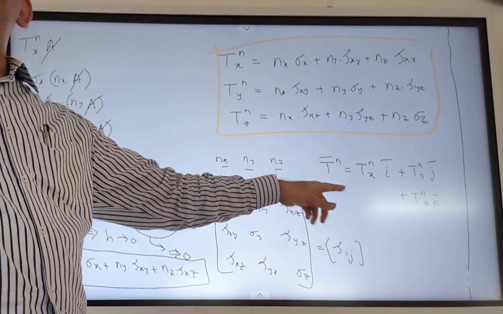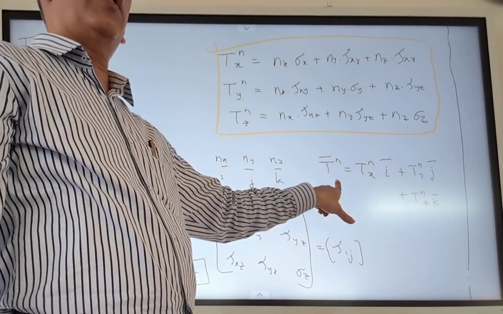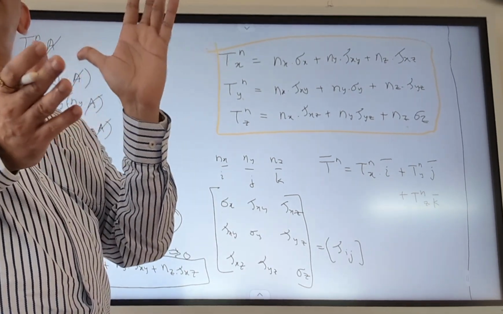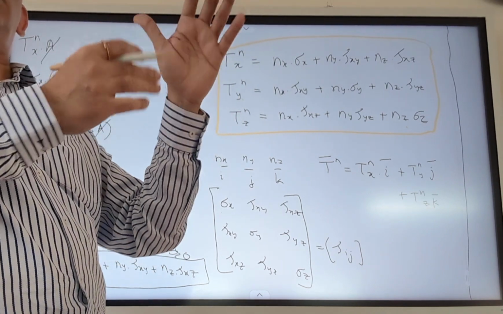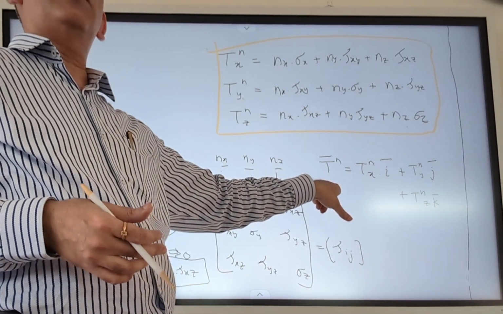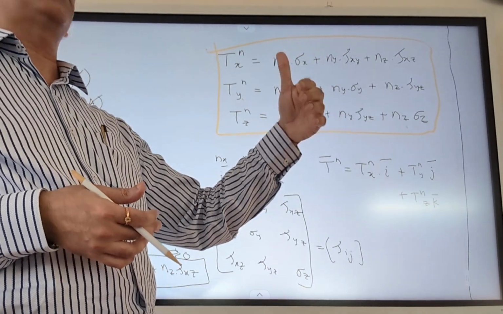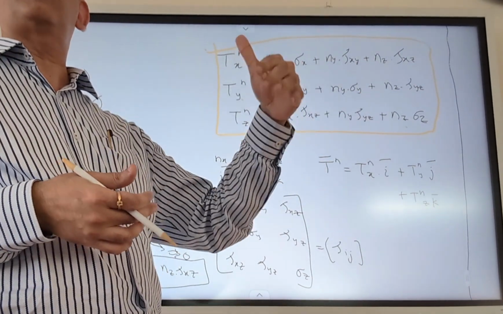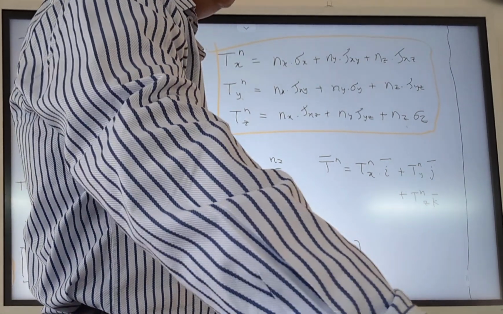So that is the traction vector on this arbitrary plane. This Tn bar you have to resolve into normal and shear components. As a designer of some machine, you will require not this traction vector, but the normal traction and the shear traction. So you have to resolve this component into its normal component and shear component. How to do that is what we will see now.